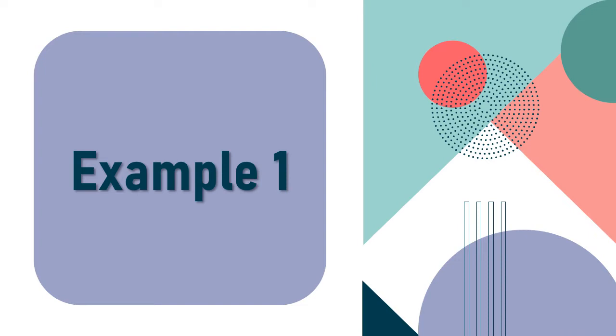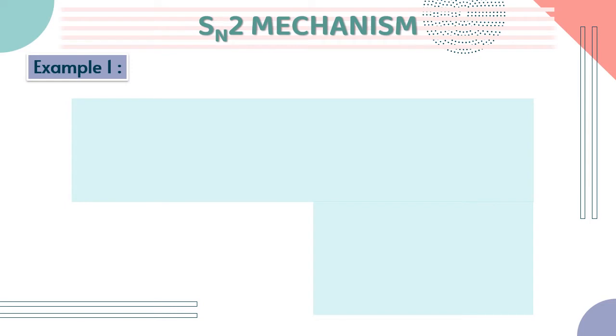Now let's look on example 1. Okay, so for example 1, here I have OH minus plus CH3Cl to produce CH3OH plus Cl minus. So again, this is SN2 mechanism.